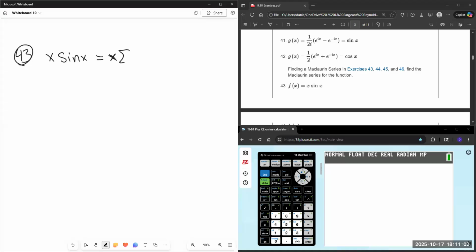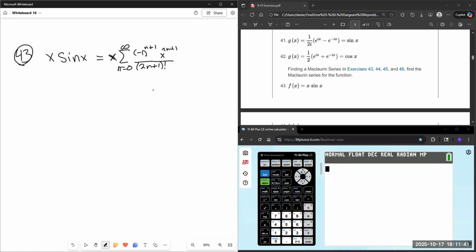Sine x from our table is n equals 0 to infinity of -1 to the n plus 1 x to the 2n plus 1 over 2n plus 1 factorial. I want you to notice that sine is an odd function, so it has only the odd exponents represented here. We didn't talk about cosine of x yet, but it's only going to be an even function, and we'll only have the even powers of x represented.